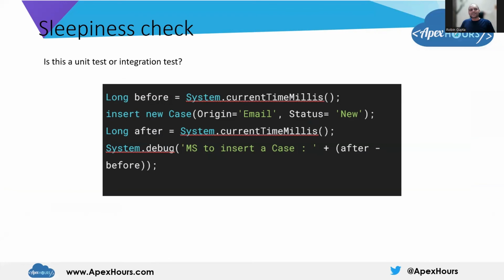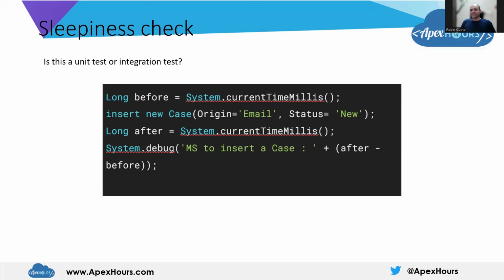Is this a unit test or integration test? What we're trying to do over here is insert a new case with a certain origin and status. When I actually joined the Salesforce ecosystem, I felt, yeah, this looks like a unit test. But is it really?